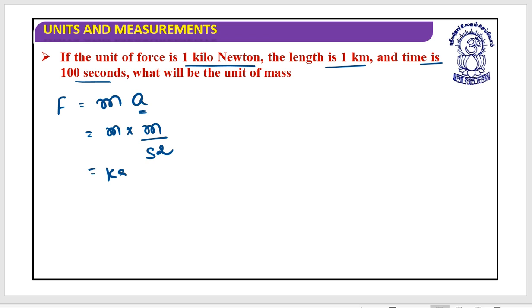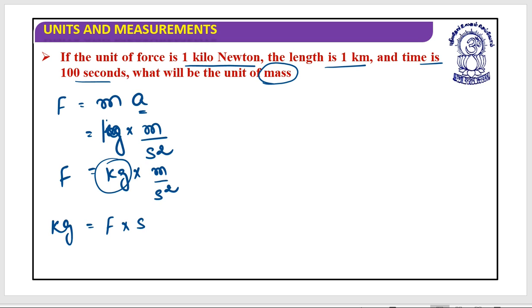So kg into meter per second square, this is force. Now think, what I need is the unit of mass. That means this kg is required in a new system. So this kg is equal to F into second square divided by meter. This is length.